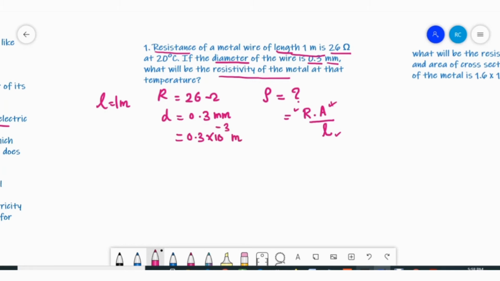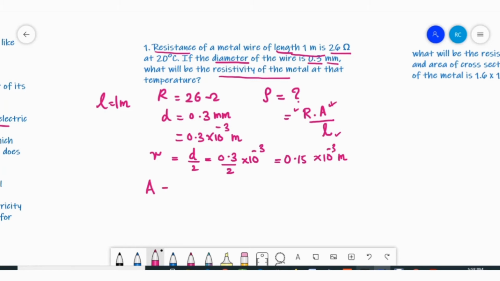So this is the diameter, and you need to calculate the radius from the diameter. Radius is equal to diameter by 2, so 0.3 divided by 2 into 10 to the power of minus 3, which is 0.15 into 10 to the power of minus 3 meter. Now you can calculate the area of cross section.